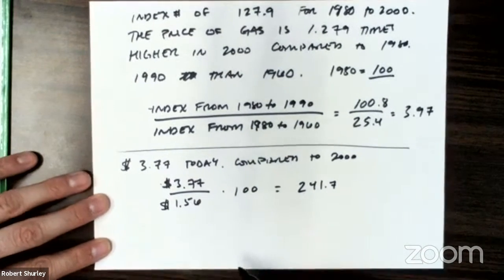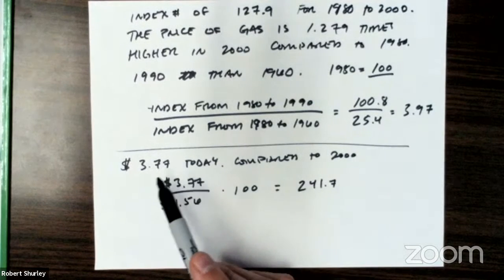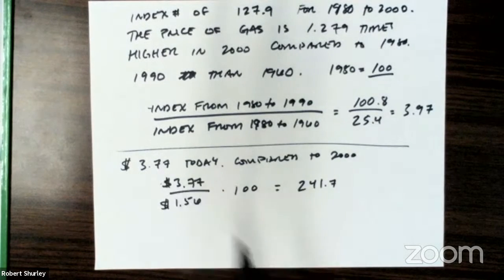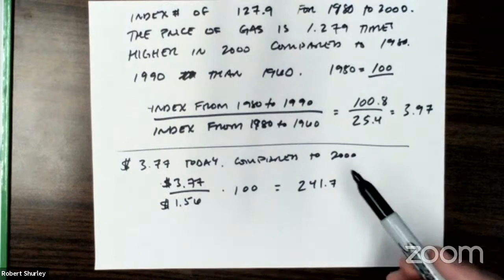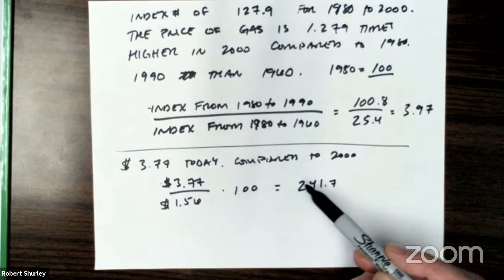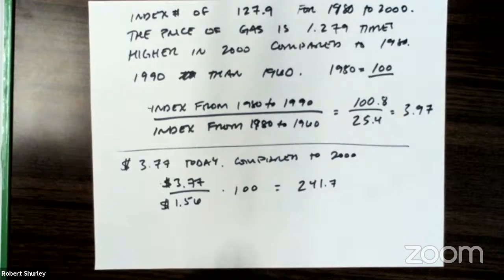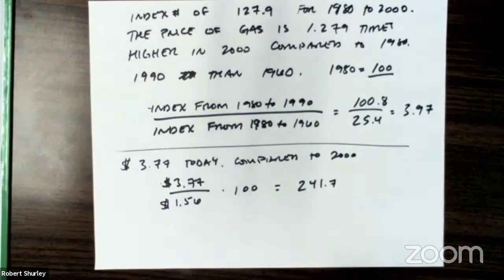So that winds up being 241.7. I don't like this example because it's not today's price, but theoretically, if today's price was 3.77, we know it's jumped 241% above the 2000 price, where the example before jumped like 309%.